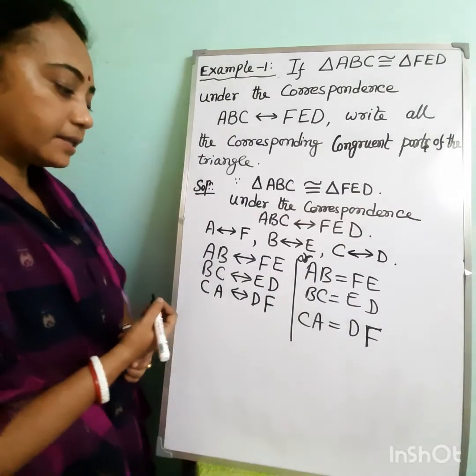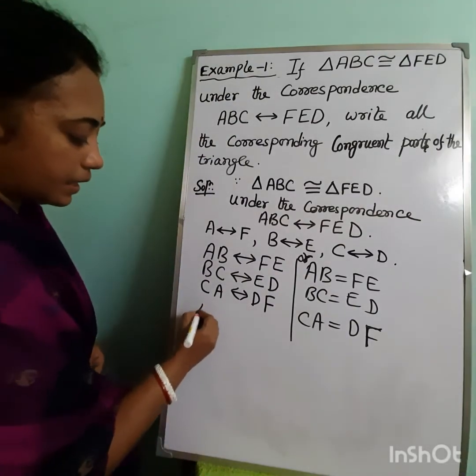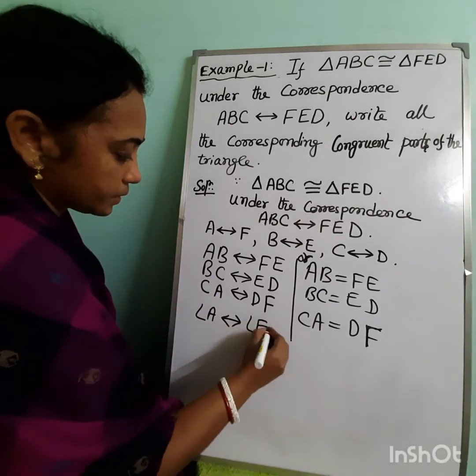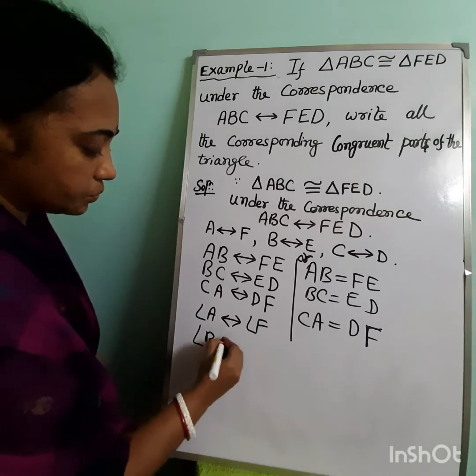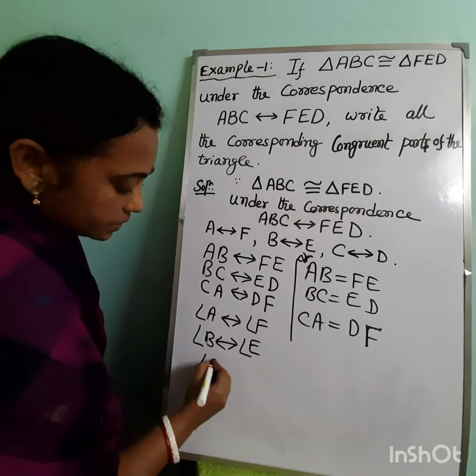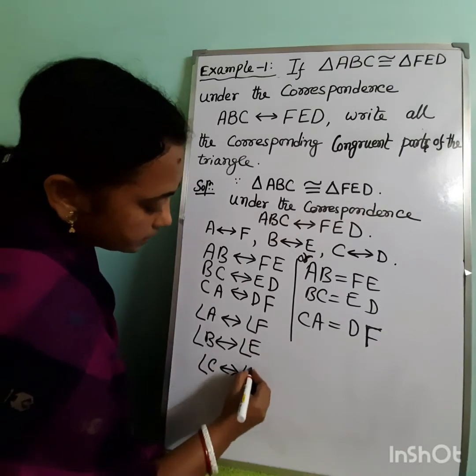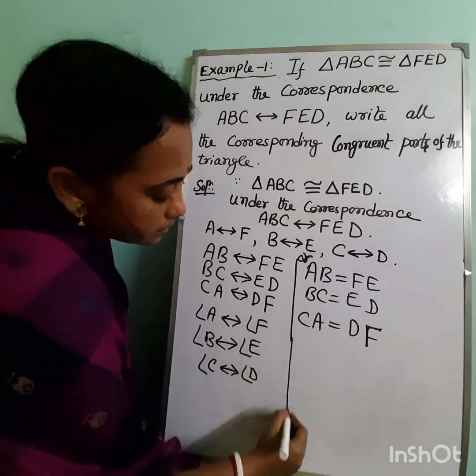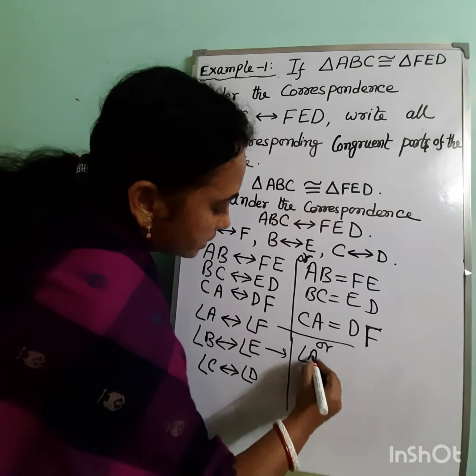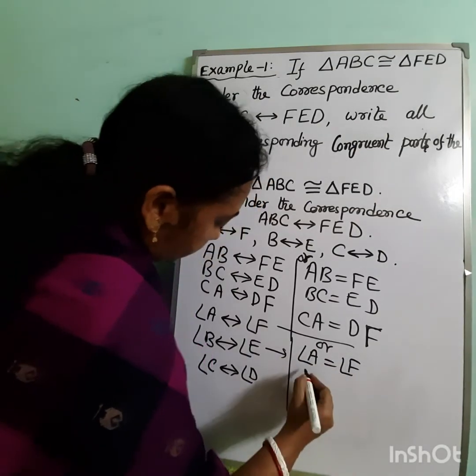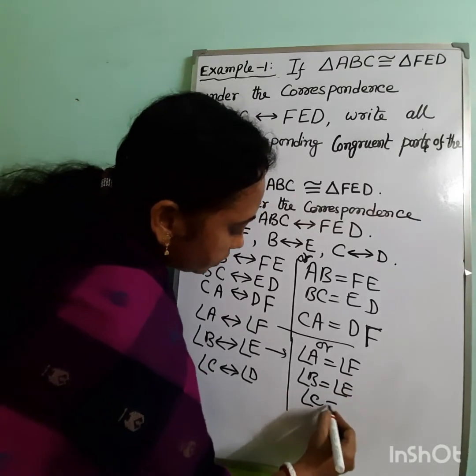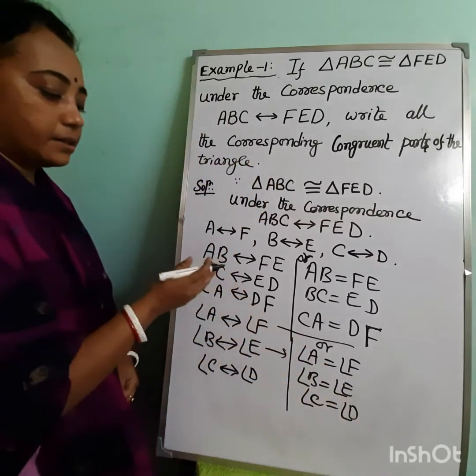Also their corresponding angles are equal. So here angle A corresponds to angle F, angle B corresponds to angle E, and angle C corresponds to angle D. Or we can simply write angle A is equal to angle F, angle B is equal to angle E, and angle C is equal to angle D. We can write either this one or this one.